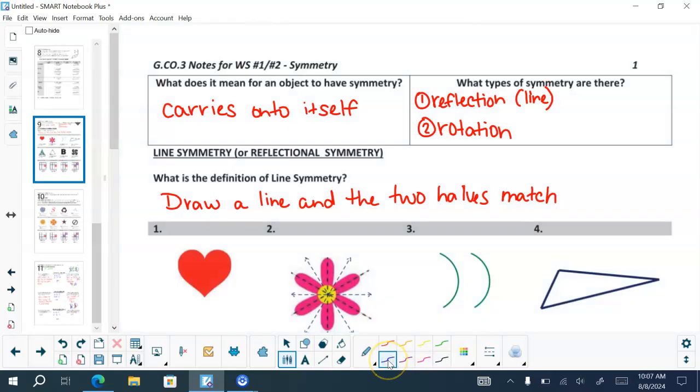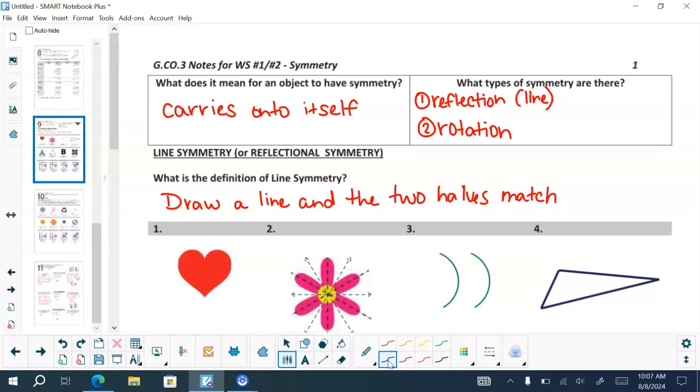So you can draw any line. When you're trying to find symmetry, you can draw lots of lines to see if any of them would work. You can draw them vertically, horizontally, diagonally, whatever. You're drawing all these different types of lines and trying to find one that would cut your shape in half and have it match up on both sides.